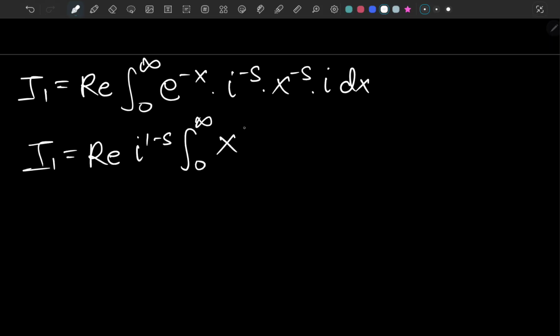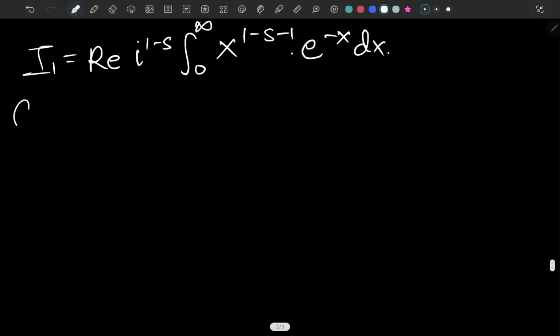This can be written as 1 minus s minus 1, right? Basically we would be getting rid of the ones there. And why did I do that? Because I want to relate it with the gamma function, as I mentioned earlier. So it's e to the minus x dx. Now let's talk about the gamma function, which we have talked about multiple times.